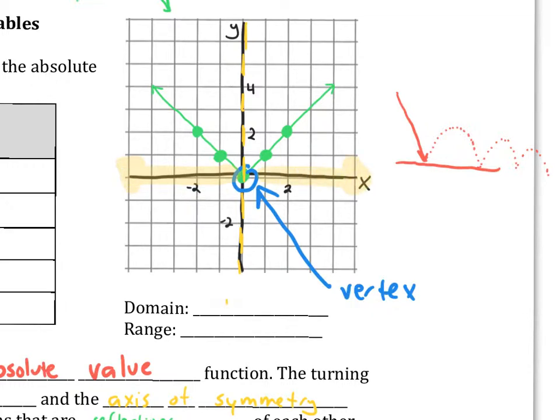So all real numbers for the domain. There's no restriction. But what kinds of numbers come out of this? Notice it's going up to infinity, and then down, down, down. It hits 0 and then bounces back up. So what numbers are excluded from this? What numbers do we never get to?